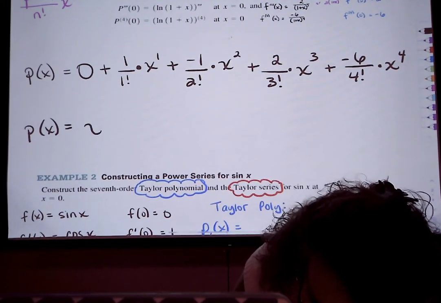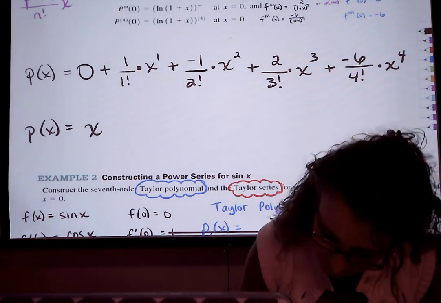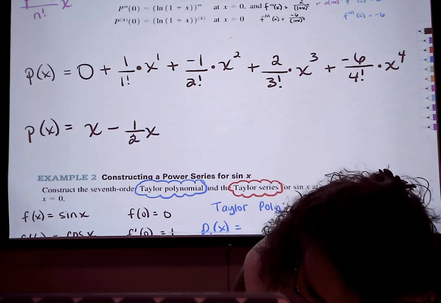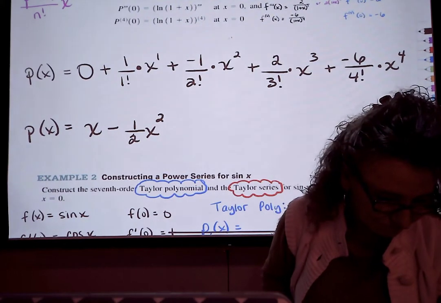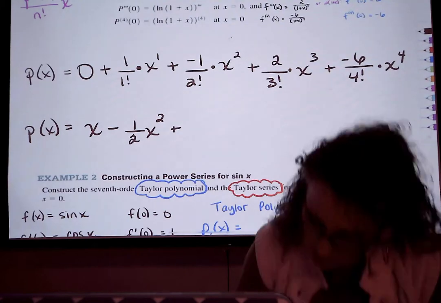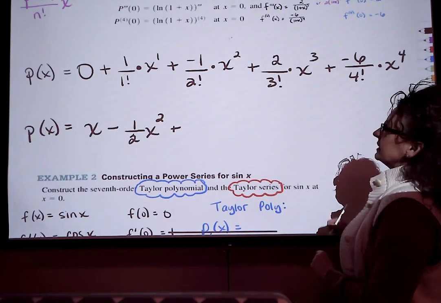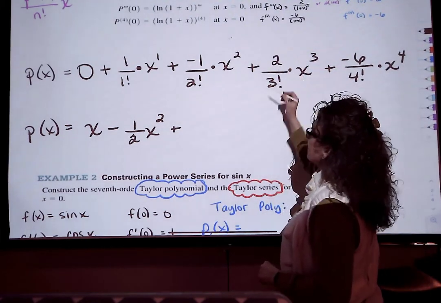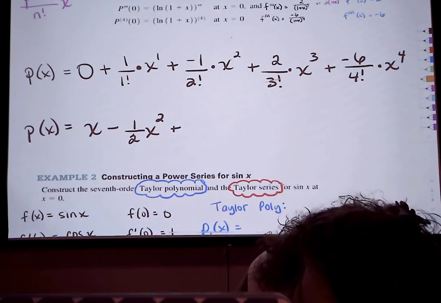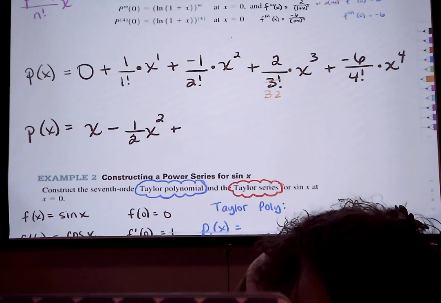Zero, that's just an x, minus 1/2 x squared, plus, let's see, we're going to have to simplify this. 3 factorial, I'm going to write it out real quick. This is 3 times 2 times 1.